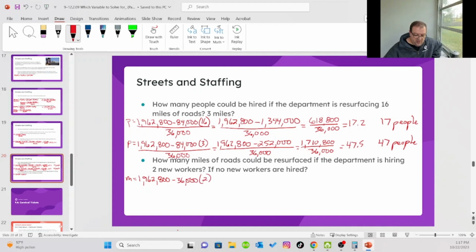And we multiply 36,000 by 2. $36,000 times 2 is 72,000.